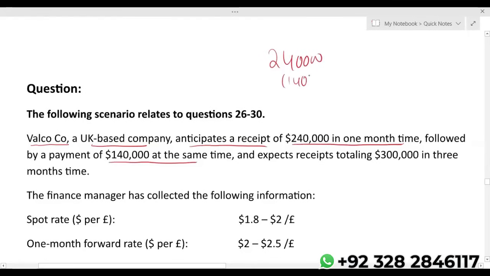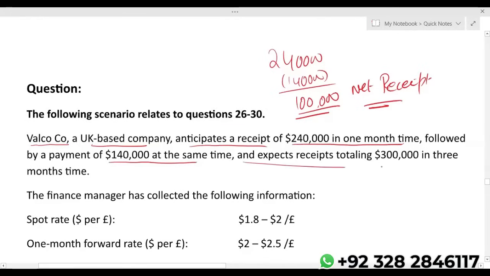Payment is $140,000. So net receipts are $100,000. We need to hedge the net receipt of 1 lakh in 1 month's time, and it expects receipts totaling $300,000 in 3 months' time. Okay.